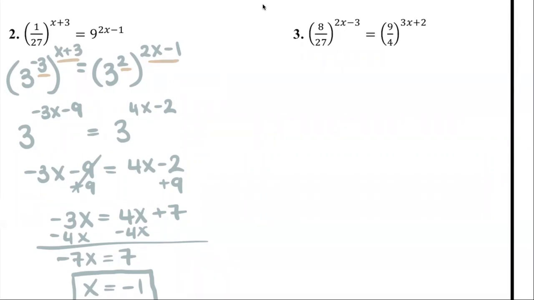Okay. So if you look at it, obviously it's going to be a fraction. The base is going to be a fraction. Okay. So the question is, what is the nicest fraction we can make it? So if you look at these numbers, 8, right? What typically would the base be for the 8? 2. Okay.